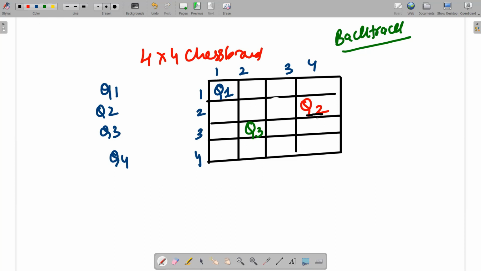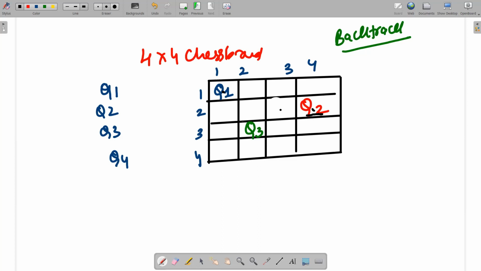Let's change that strategy and place Q1 somewhere else. Because we have already backtracked Q2 from here to here, let's now backtrack Q1. If we change the possibility of placing Q1, maybe we can get the answer accordingly.